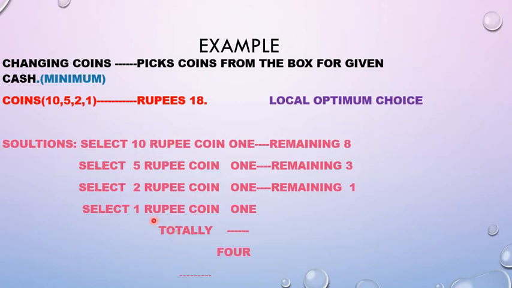Like this, I can have a lot of combinations of solutions, but the best one is changing into 4 coins. If you don't believe me, you can try a lot of variations, and if you have a better solution, you can comment.